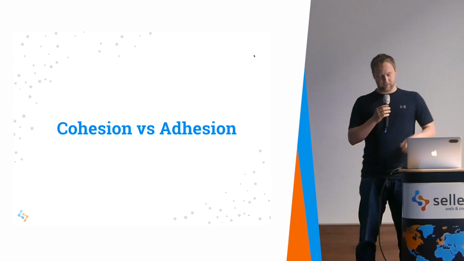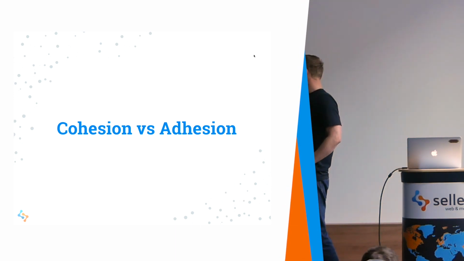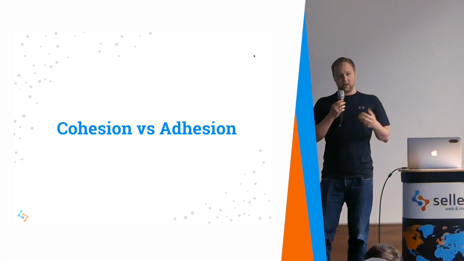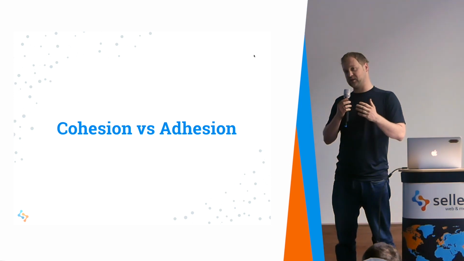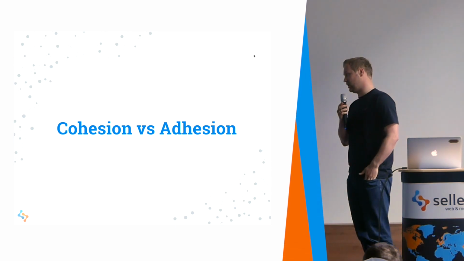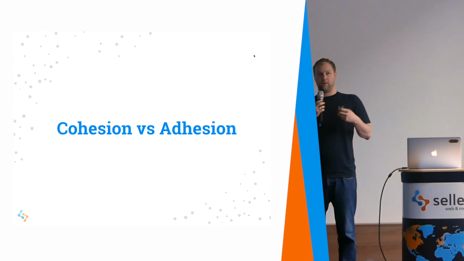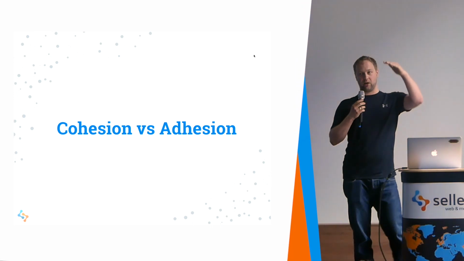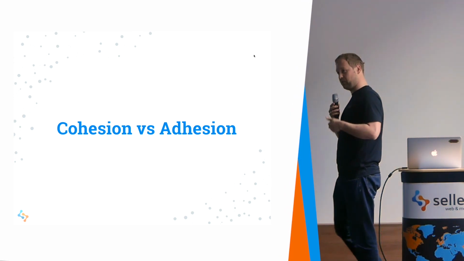So I think that we should now think about the difference between cohesion and adhesion. Basically, cohesion is where all the parts of the class or structure in a given solution are cross-dependent on each other. For instance, this persist method probably will take all the attributes and save them into the database. It will bind its responsibility with those attributes.